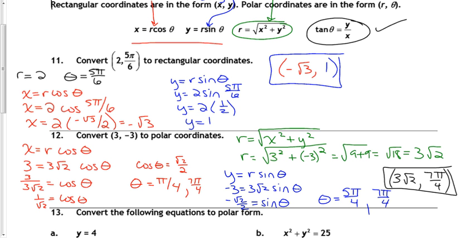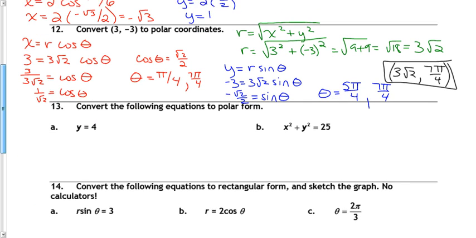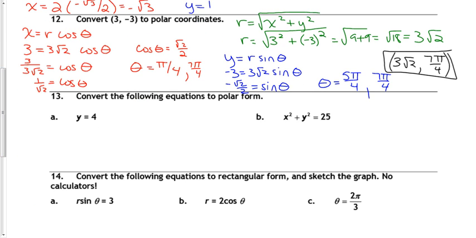Next, we're going to convert some equations. So, y is equal to 4 is the first equation we're going to convert. So right now this is in rectangular form. If I were to sketch what this looks like, y equals 4 would just be a line up here. So now I need to write, well, what is that going to look like in polar?